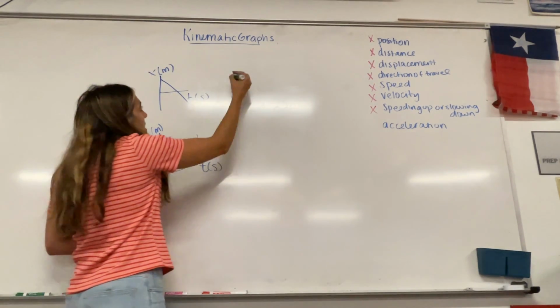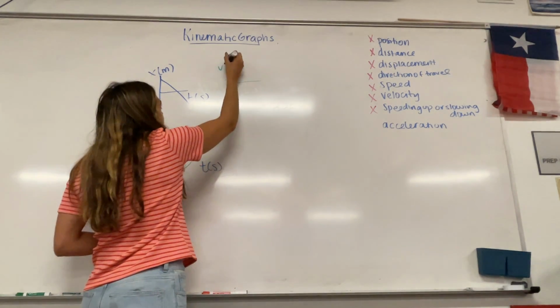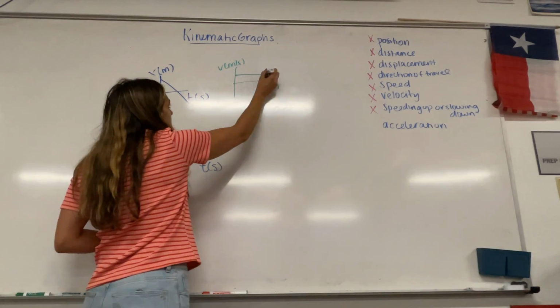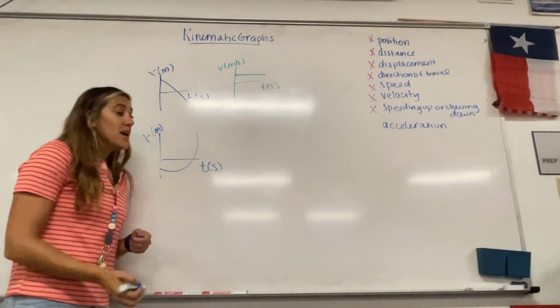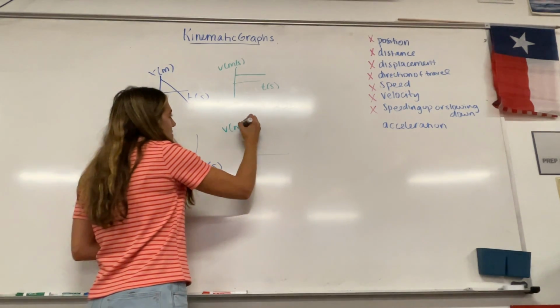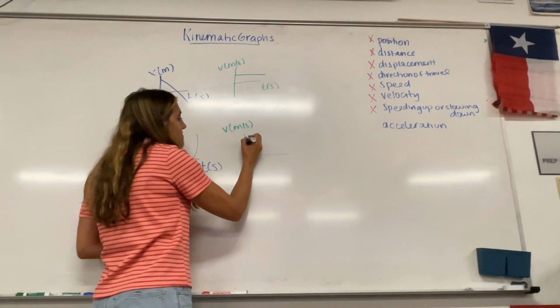So if I have linear, then the next graph, in this case velocity, is going to be constant. If I have curved, the next graph is going to be linear.